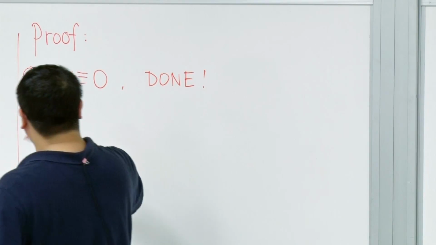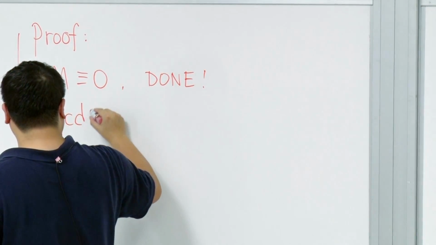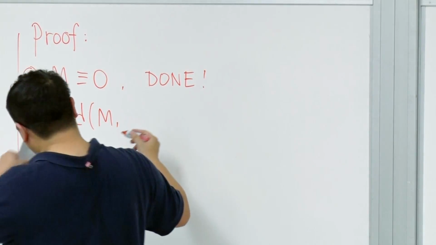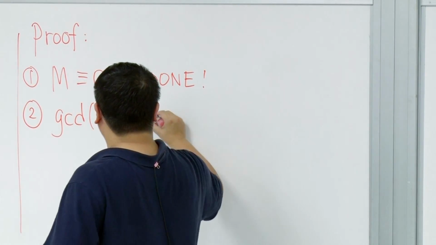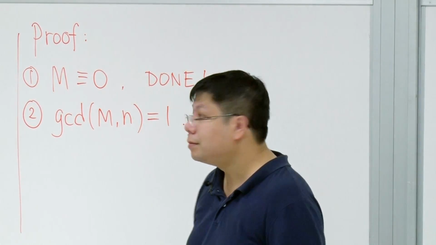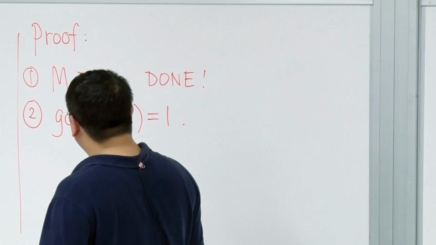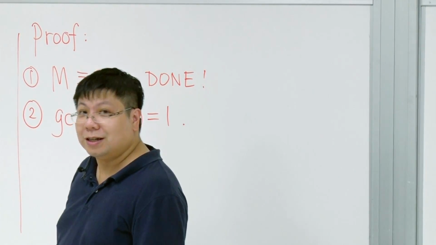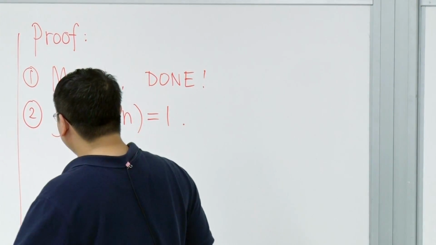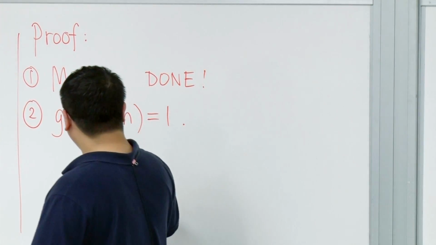The second one, let's say the GCD of M and N is equal to 1. Then, nice. What is the property of E and D?